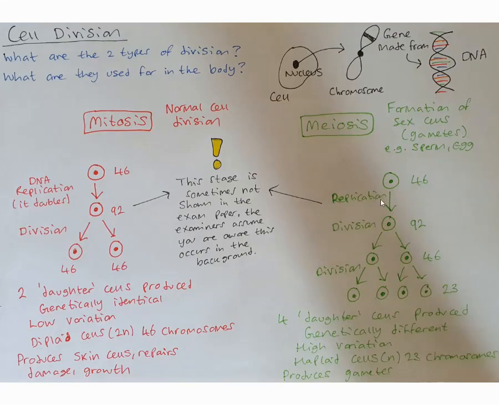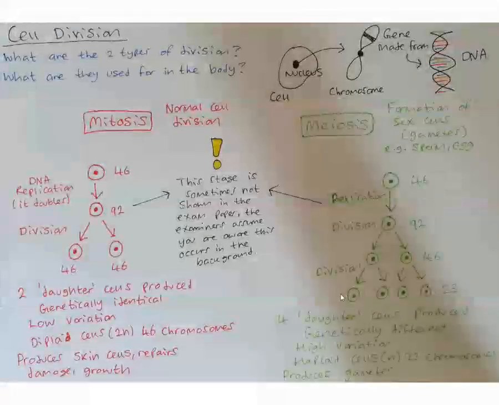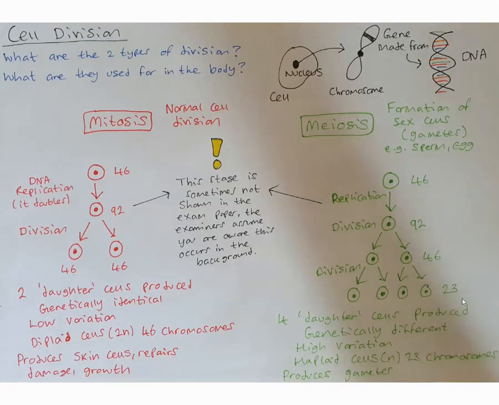Behind the scenes, we've got the replication of the DNA. So that then goes to 92, and then we get this first division which produces 2 new cells which have the 46 chromosomes. And then what happens is we've got a second division which causes us to produce 4 new cells, and those 4 new cells now have 23 chromosomes.